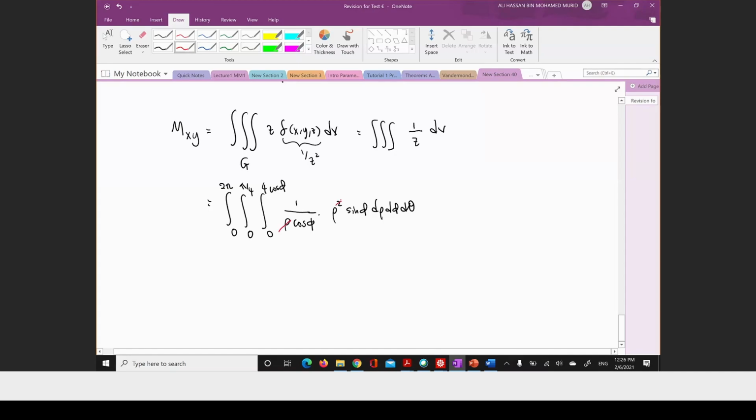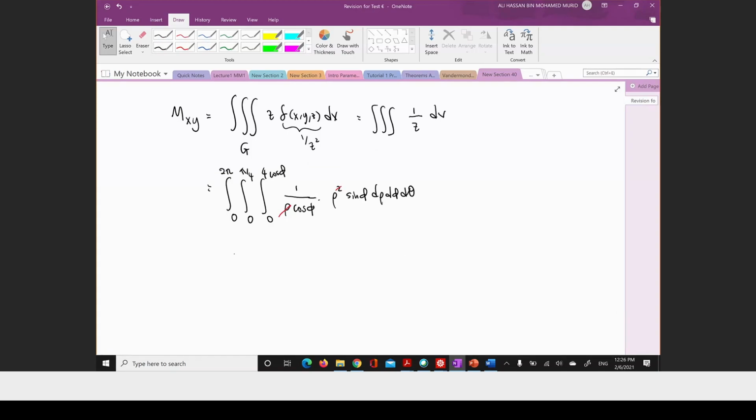So we need to integrate with respect to rho first. We have sine phi over cosine phi. We integrate rho, we get rho squared over 2, and rho is from 0 up to 4 cosine phi, then d phi d theta.